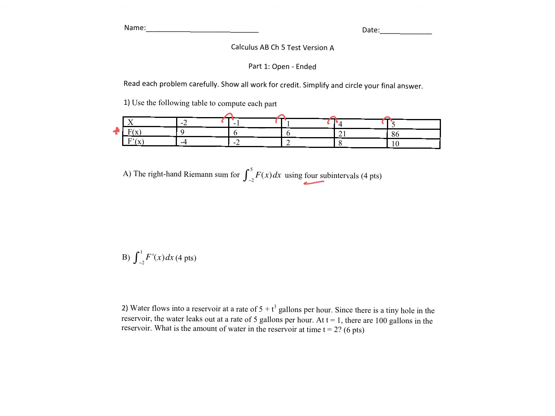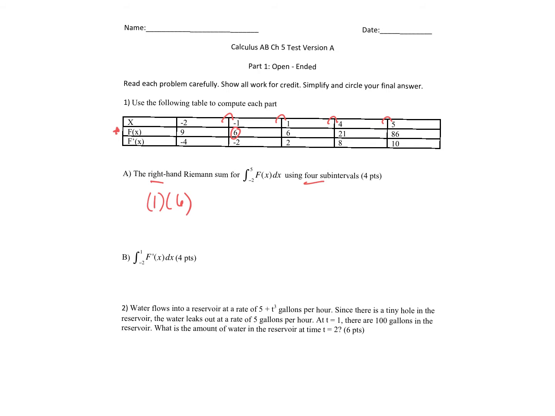Okay. If we're using right, each of these pairings, so -2, 9 is an ordered pair, and -1, 6 is an ordered pair, 6 would be the right approximation for the first rectangle. The distance between -2 and -1 is just 1 unit, and it has a height of 6.